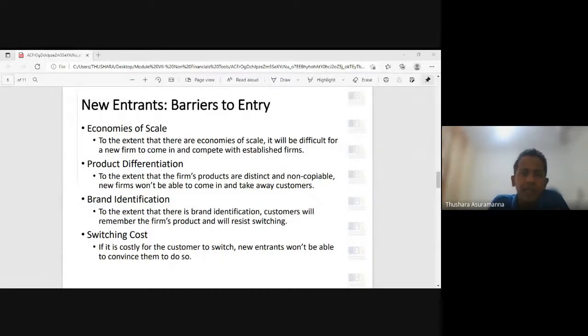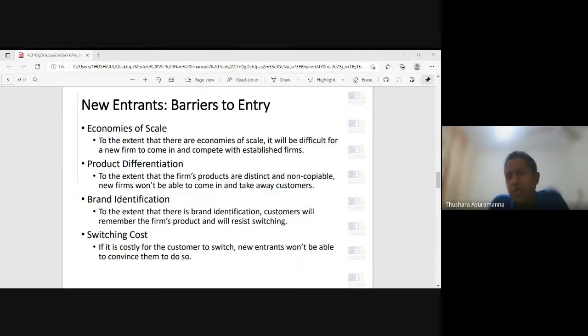Let's say you are running an IT company, a dispensary, a restaurant, or a boutique shop. If another person can come and do the same thing, that's what we are interested in. To understand that, there may be a few components to this phenomenon.